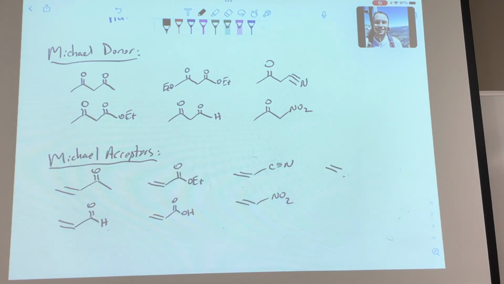And you can see some even weirder ones, something like this, but just some double bond with a strong electron withdrawing group on it. All right. So, that's kind of an introduction to this Michael reaction. What I'm going to show you now is the unique mode of reactivity that these Michael acceptors undergo.